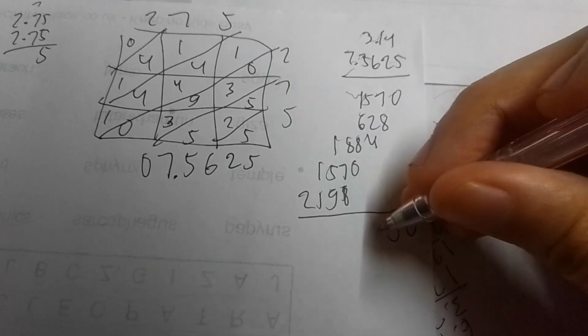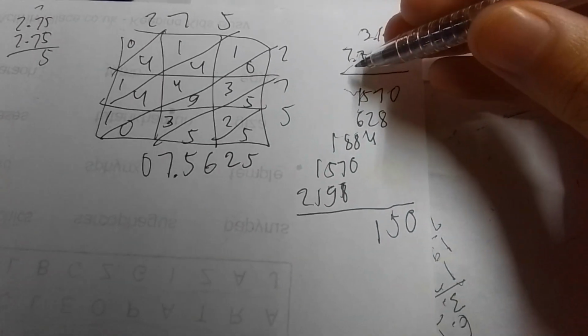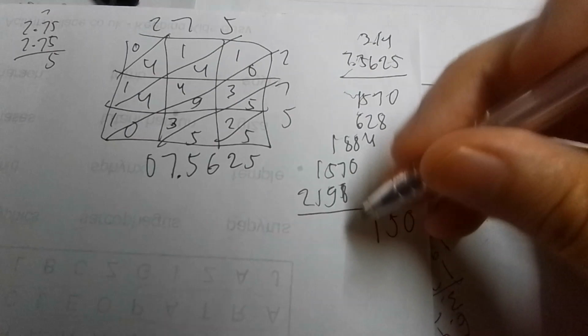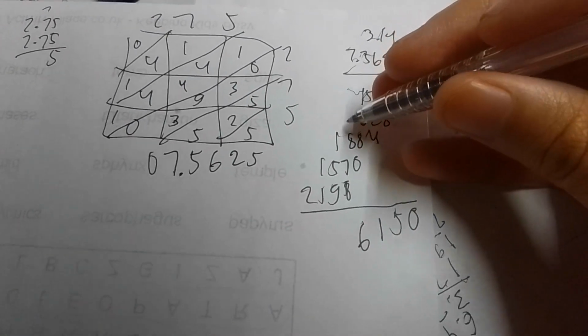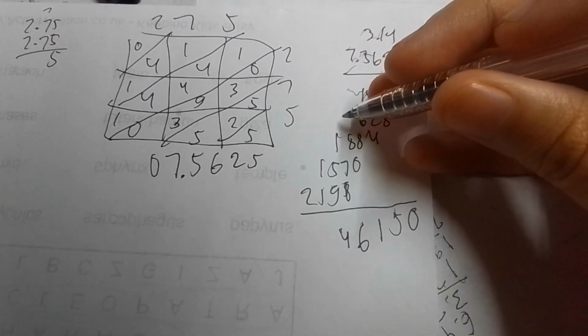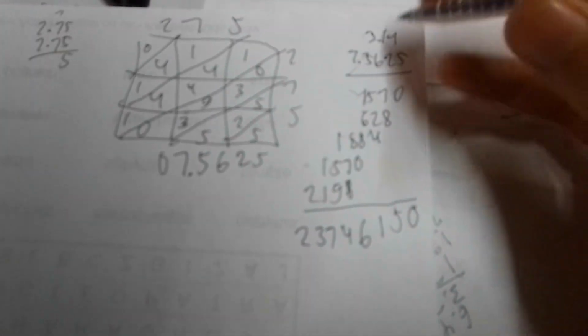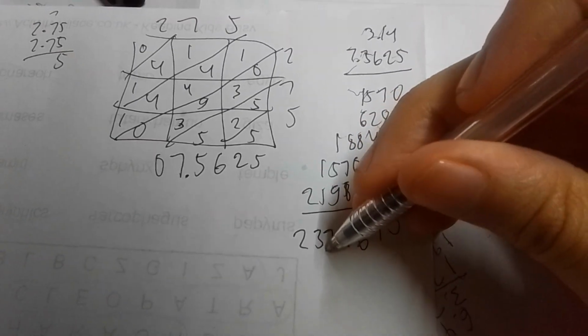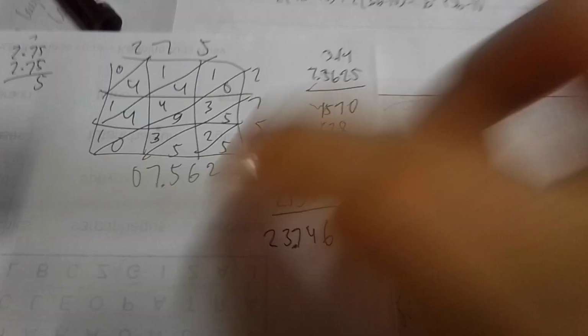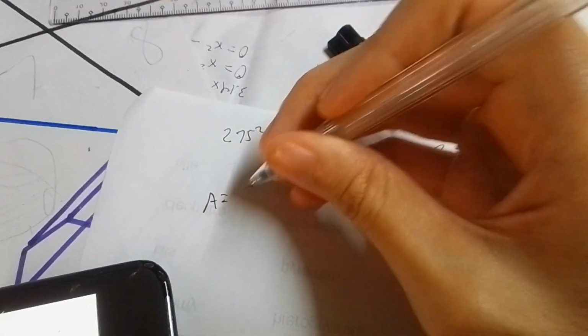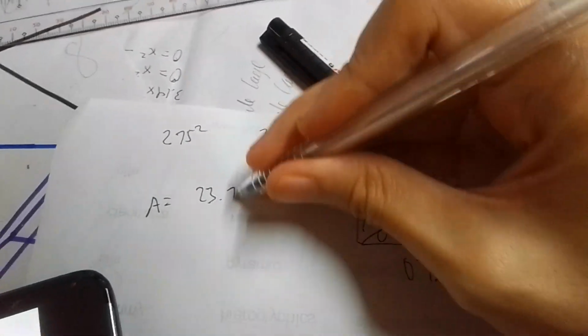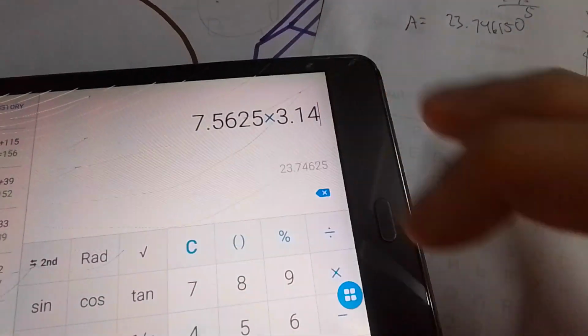This becomes 11. 2 plus 6, 8, 16. 24. 3 plus 5, 8, 17. 3, 2. Then count your decimals, 6. There. Alright? So therefore, that's the area of the circle. Area of the circles is 23.746150. Let's double check with the calculator.